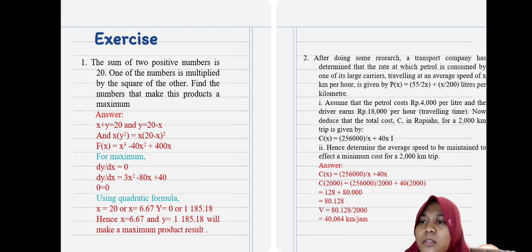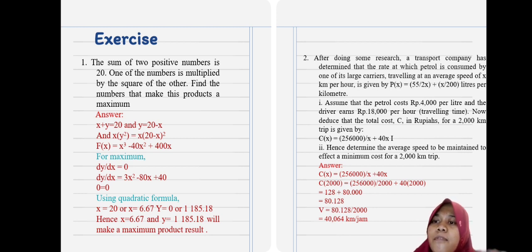Now, deduce that the total cost C in rupiah for a 2,000 kilometer trip is given by C(x) equals 2056 over x plus 14x. 2.